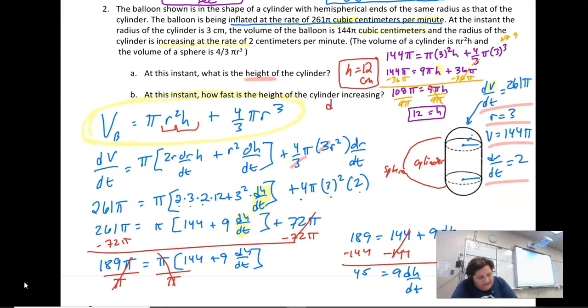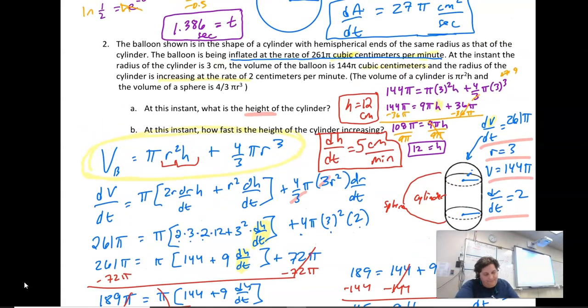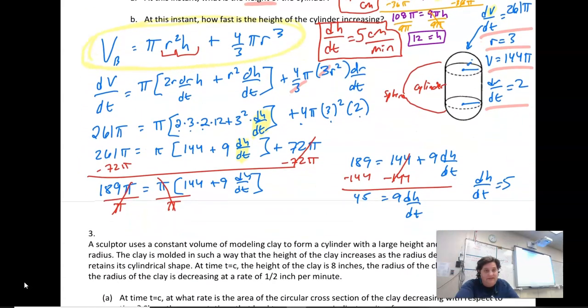All right, dH dt is 5. What are my units? Well, my height is in centimeters, and my time is in minutes. 5 centimeters per minute. Okay? That was pretty insane, but I liked it.